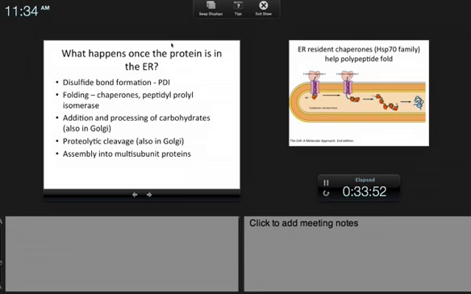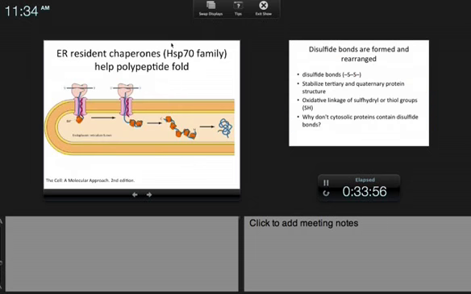Okay, so once the protein's in the ER, it needs to fold, and often that is done with the help of chaperones. One chaperone that is very active in protein folding pretty much everywhere is a family member called BIP. It's an HSP70, heat shock protein 70.